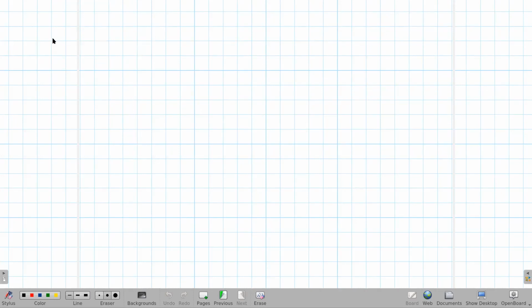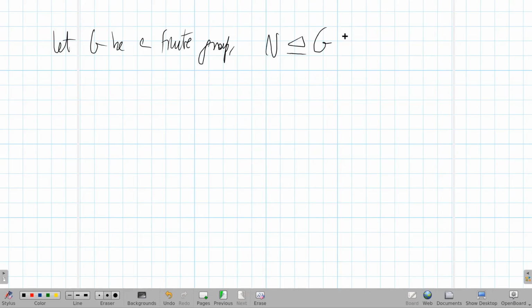This has a consequence which is purely group theoretical, and the consequence is the following. Well, suppose, okay, let G be a finite group. No big surprises here. And let N be a normal subgroup. Proposition. And we want to compare the centralizer of an element in G and in G over N. So let G/N be the quotient group.